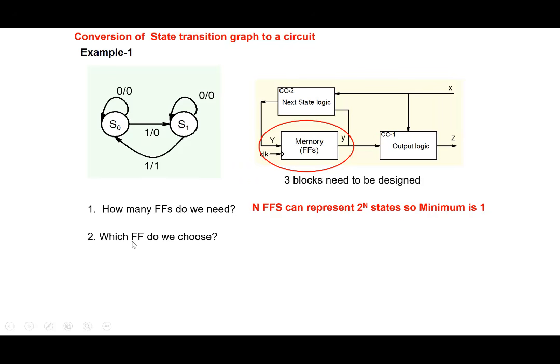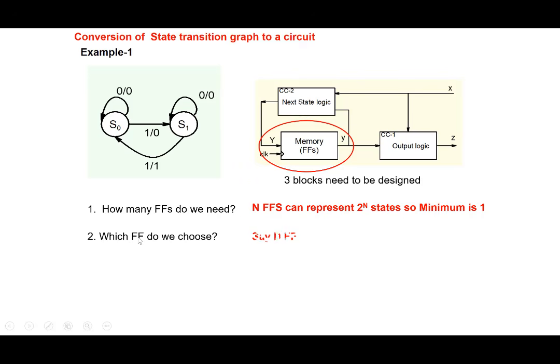The next decision that you have to take is, which kind of flip-flop do you choose? Because remember, we had a D flip-flop, we had a JK flip-flop, we had a toggle flip-flop T, and there could be other flip-flops here. Those are the common ones. We have to choose one of these 3.